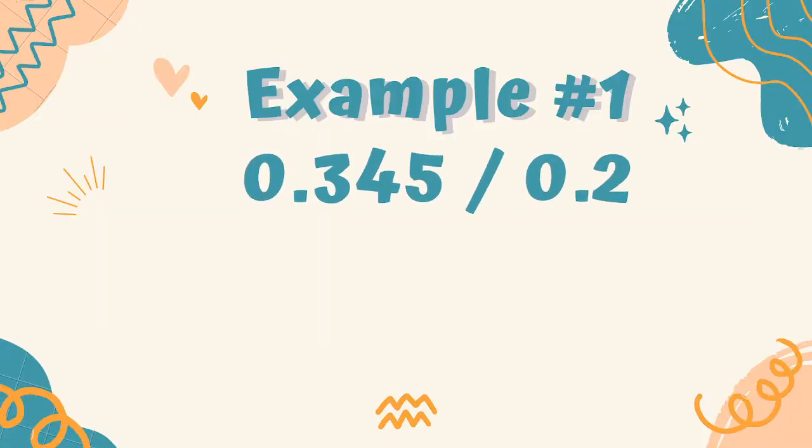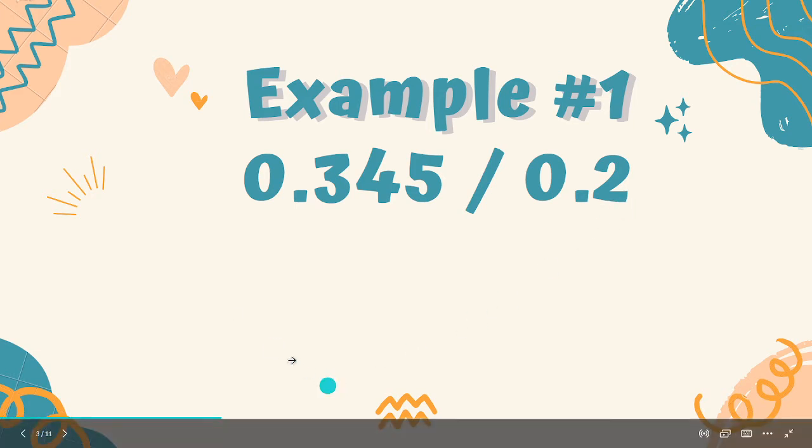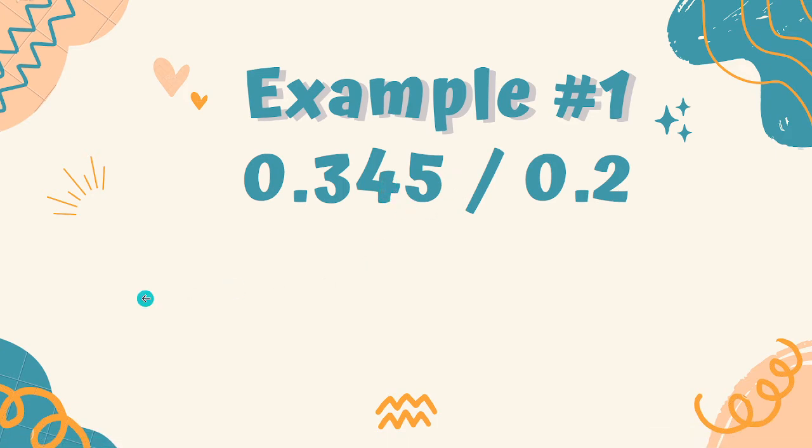Okay, so here's example number 1. 0.345 divided by 0.2. To make these whole numbers, you need to shift the decimal place to the right. For 0.345, you need to shift the decimal place to the right 3 times: 1, 2, 3. And then it becomes 345, which is a whole number.